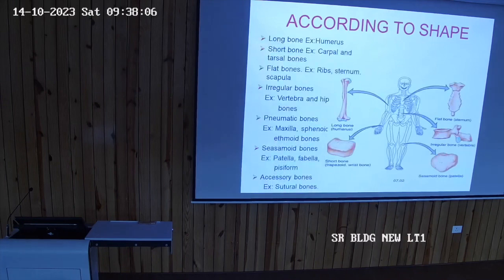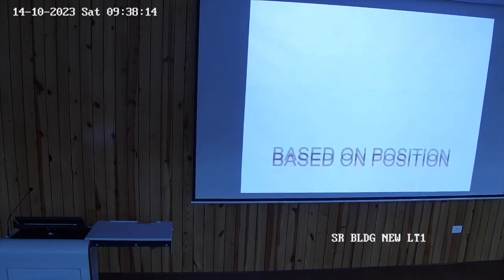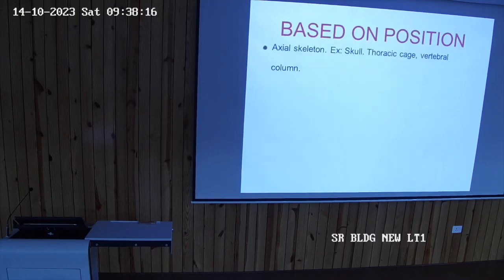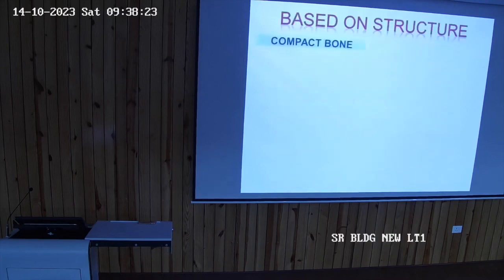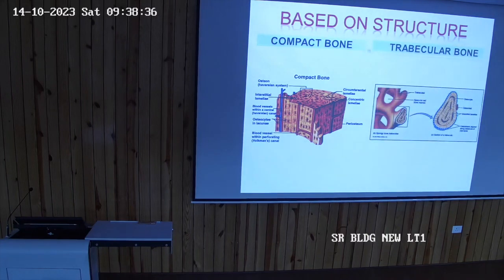So these are the bones classified according to the shape that we have already studied; based on the development, membranous and cartilaginous; based on position, axial skeleton and appendicular skeleton; based on the structure, compact and spongy bone. Now this arrangement is known as Haversian system of compact bone. Trabecular bone or spongy bone has a honeycomb appearance and bony spicules surrounding the cavity.